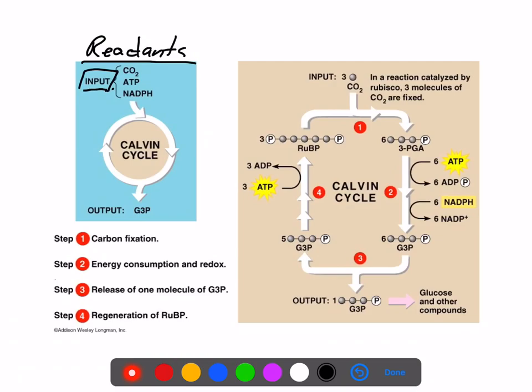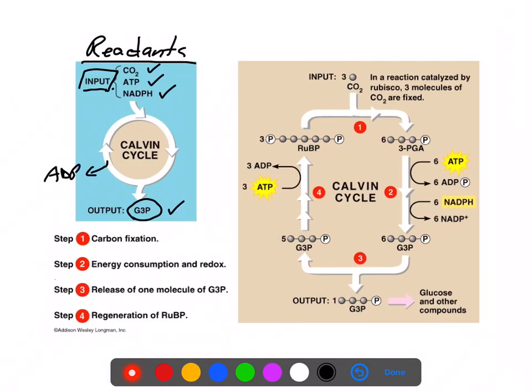So the reactants, or the things that are required to get the Calvin cycle to produce G3P, are CO2, ATP, and NADPH. And again, the product is G3P.